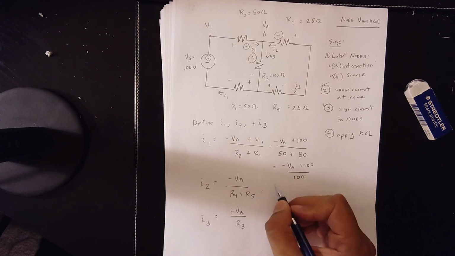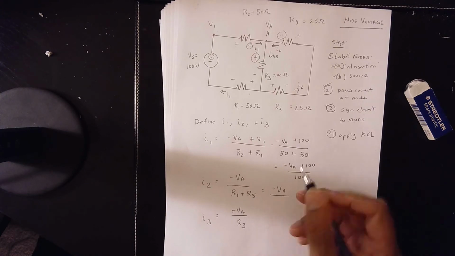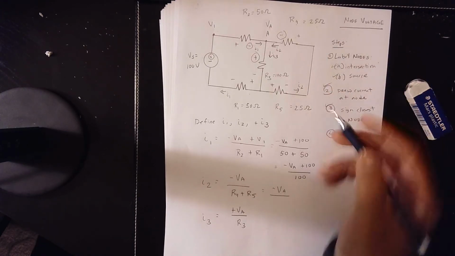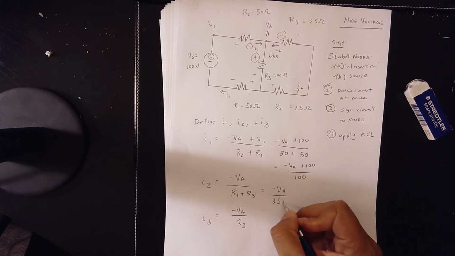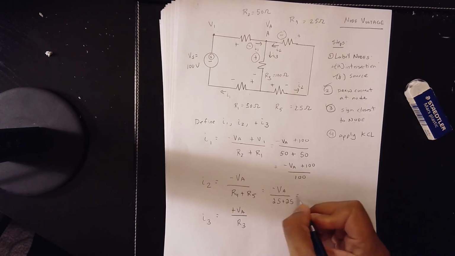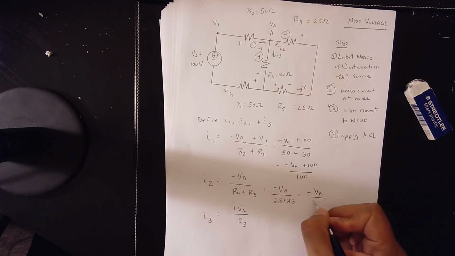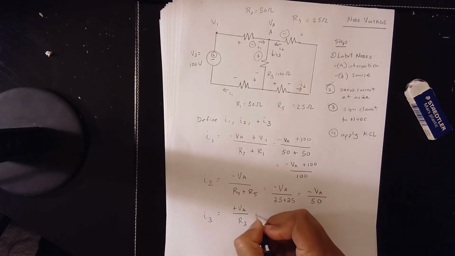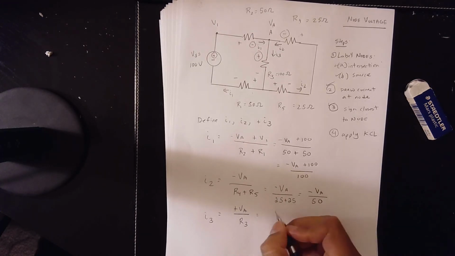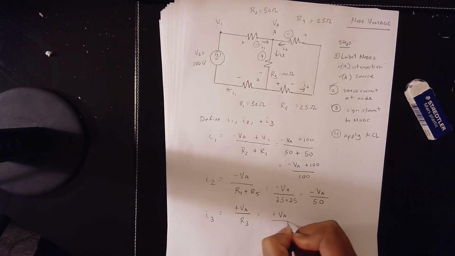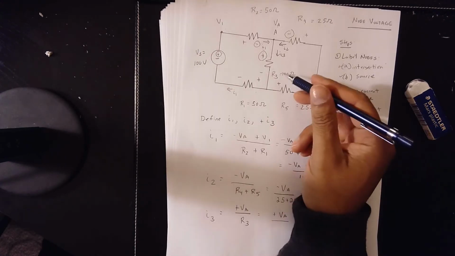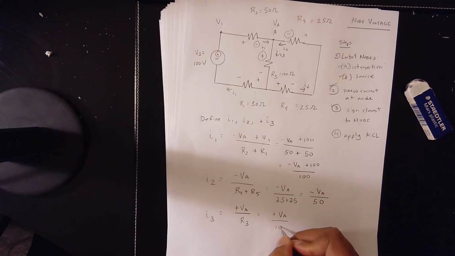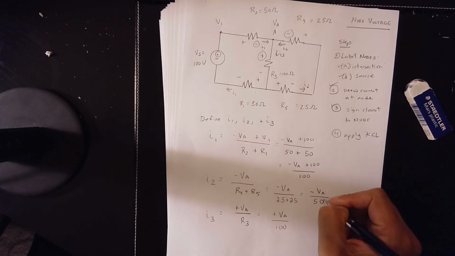Here I2 is minus VA. R4 is 25, R5 is 25, so 25 plus 25 is 50, minus VA over 50. I3 is VA over R3, which is 100. So you have I1, I2, and I3.